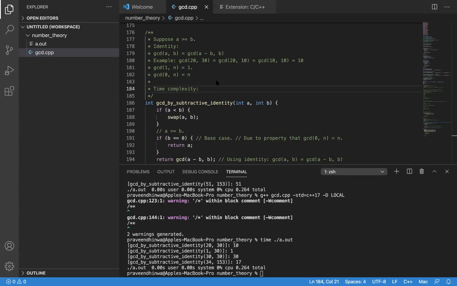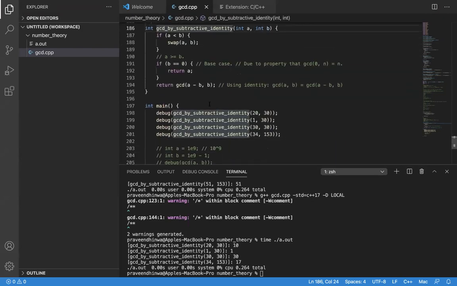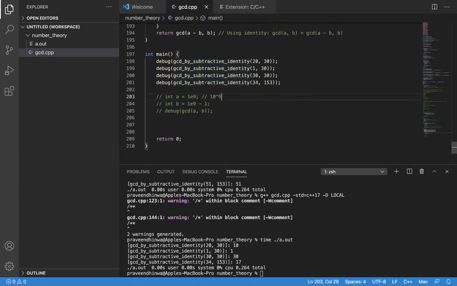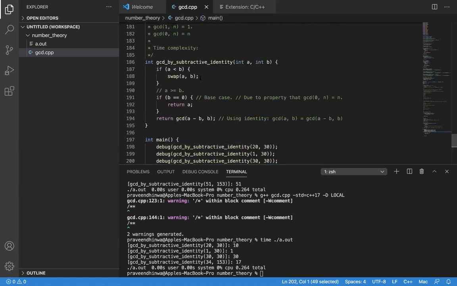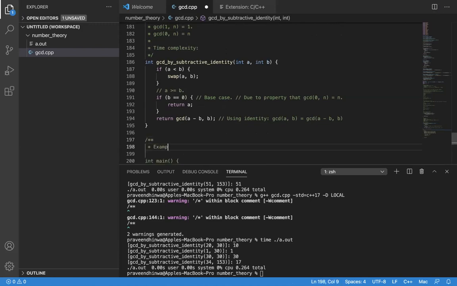So the time complexity of this would be, let's see. Let's try finding GCD of 1 comma 10 power 9 and see how many steps it will take. So I'm calling this function with parameters 1 comma 10 power 9. What will be the value of a comma b?